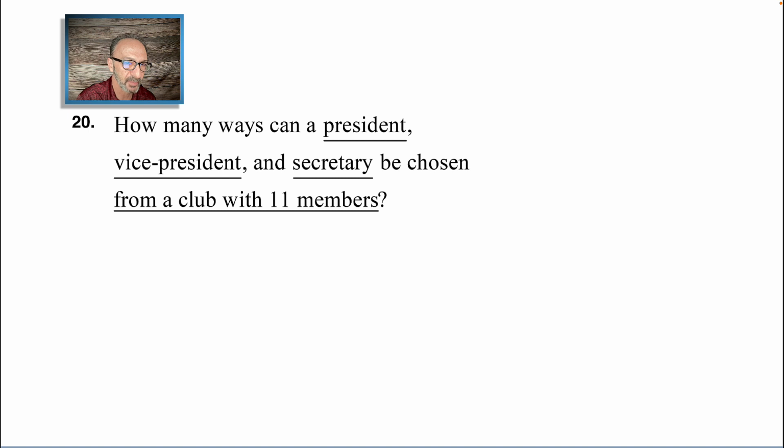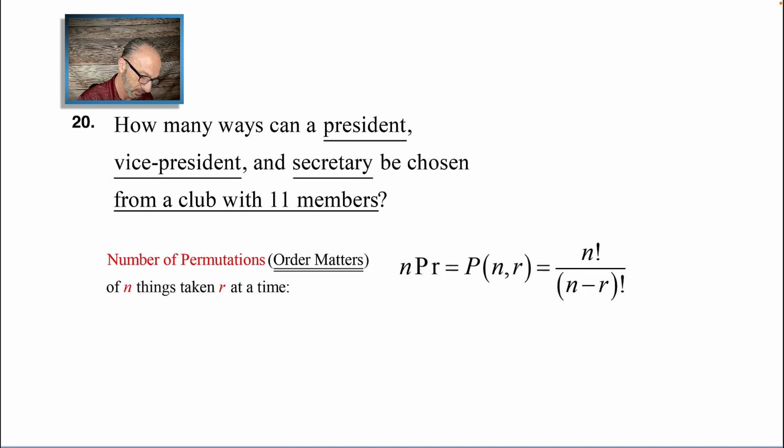If order does not matter, to pick 3 persons out of 11 members, that is called combinations. I think I do have more slides for it. Let's see. So this is what I mean, just to save you some time. Number of permutations where order matters of n things taken r at a time is called nPr, or P of n, r, which is n factorial over n minus r factorial.